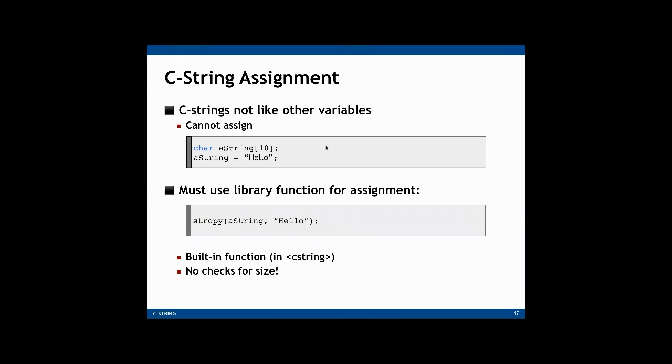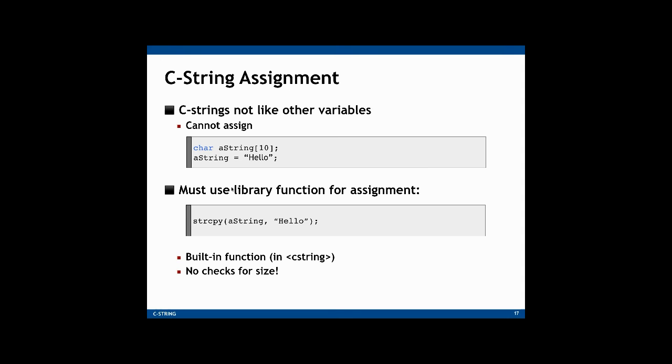Unlike other primitive data types, you cannot use the assignment operator to set the value of a C-string variable like this. This is a C-string variable, an array of base type character. You cannot assign a C-string value to a C-string variable using the assignment operator, because a C-string is an array of characters.